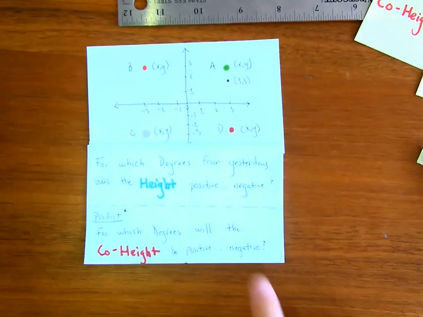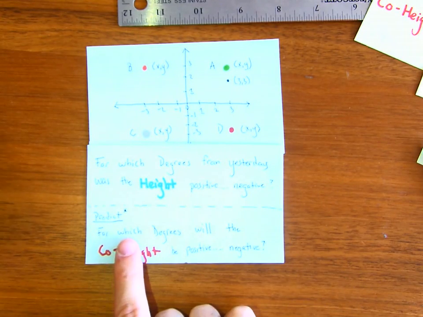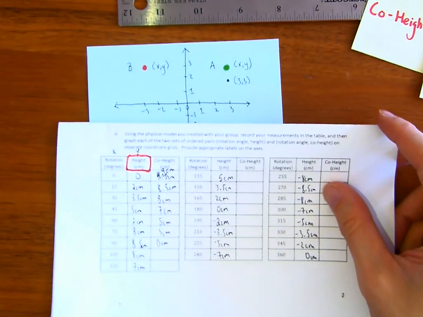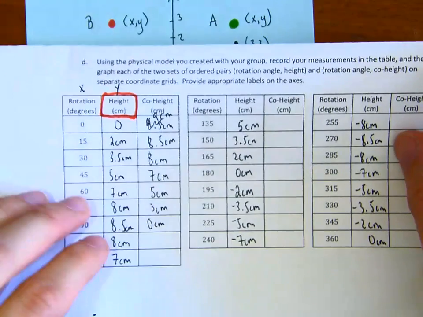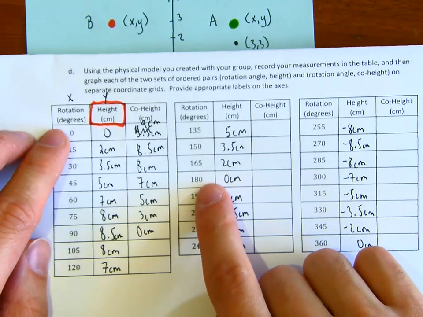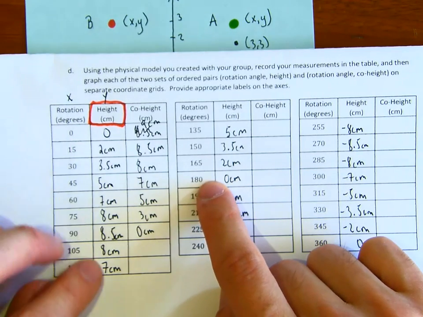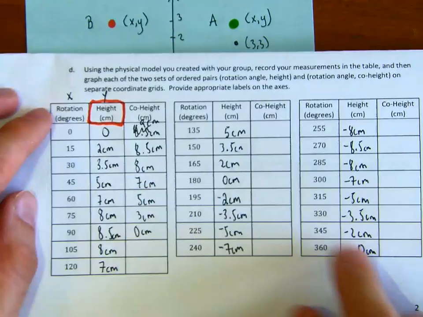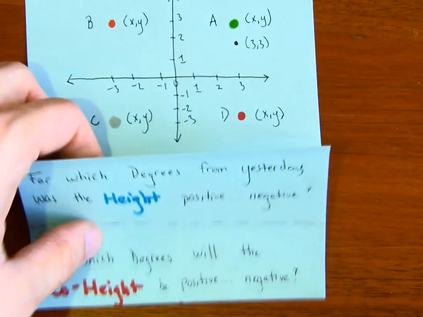Now, what do you think is going to happen over here? Because you remember how in this part we had our height values positive from 0 to 180? You see how all these values are positive, and then all these values were negative. What do you think will happen with the CoHeight?